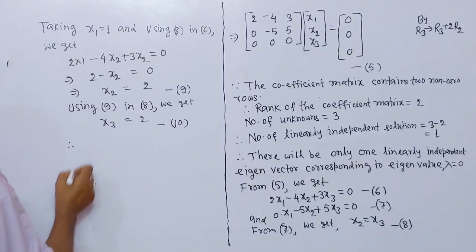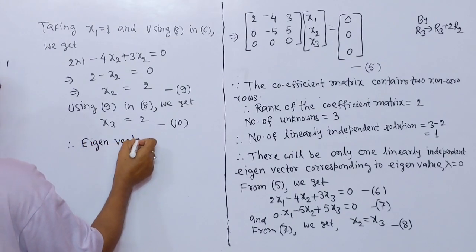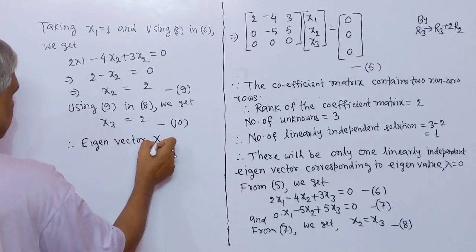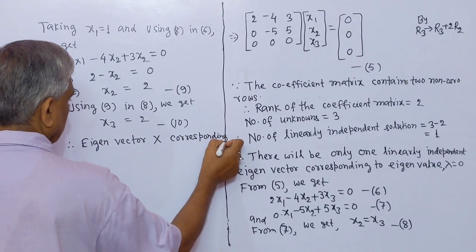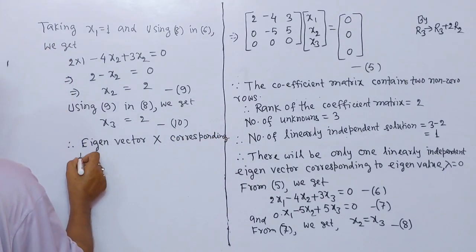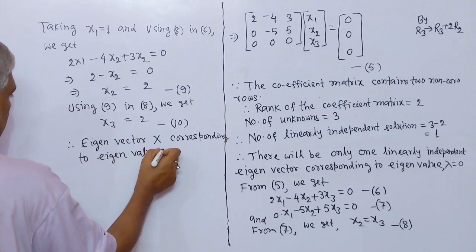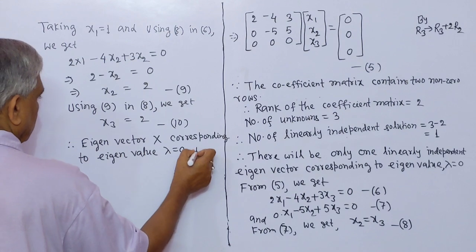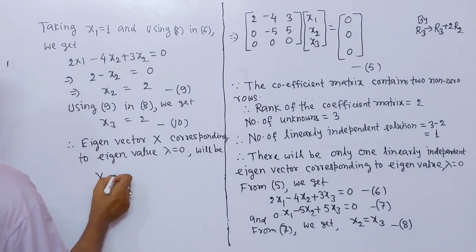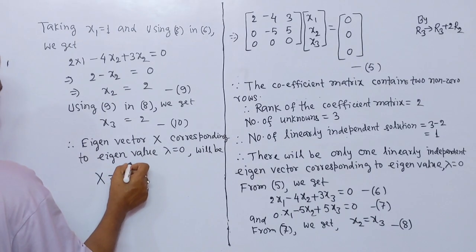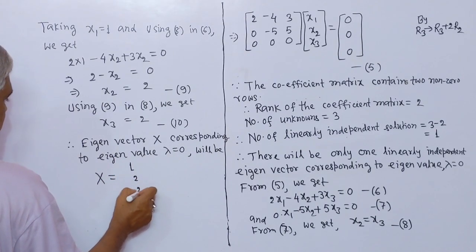Therefore, eigenvector x corresponding to eigenvalue lambda equal to 0 will be capital X equal to [x1, x2, x3] equal to [1, 2, 2].